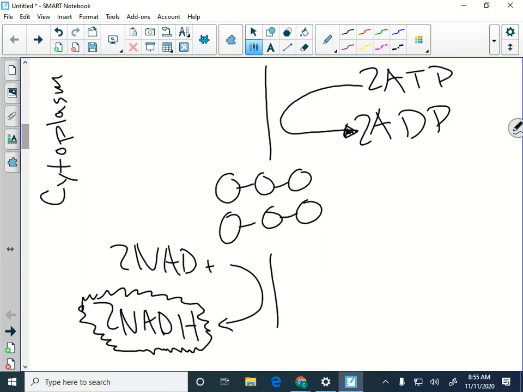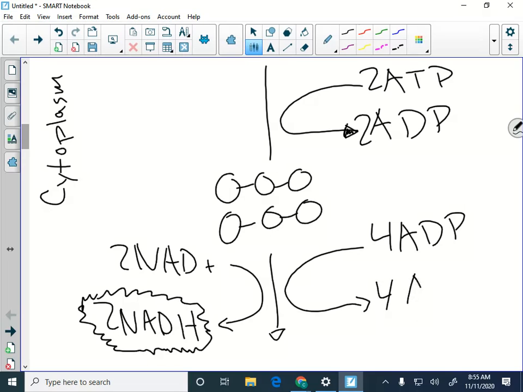When we get those electrons taken off of there, we're also going to get some energy. We're going to take 4 ADP, and we're going to get 4 ATP. So we've got 2 in, we're getting 4 out, so that's a net positive of 2. I give you $2, you give me $4, I have made $2.